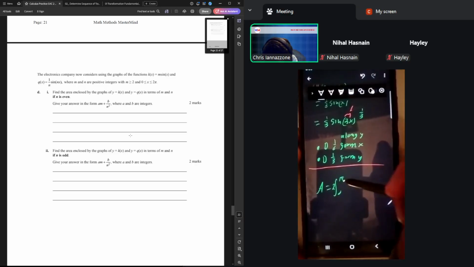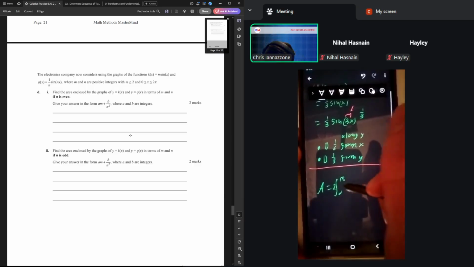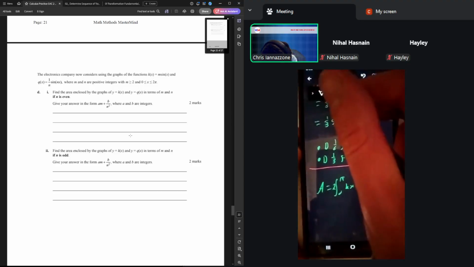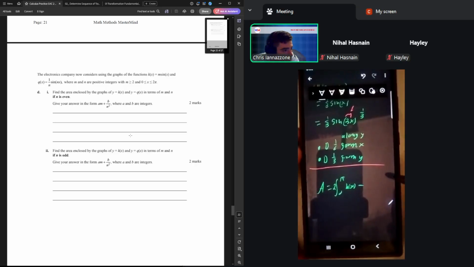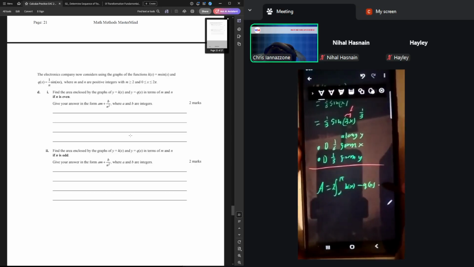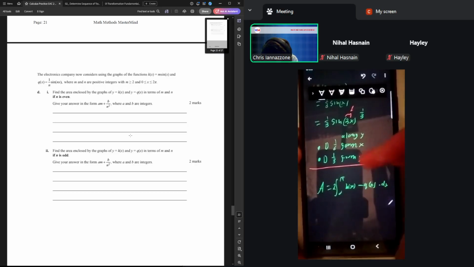So double the integral 0 to pi of top take bottom, where top is going to be k of x and bottom is going to be q of x. From there we would have to anti-diff and substitute, so let's do that.